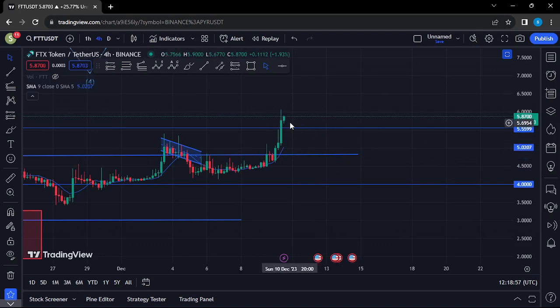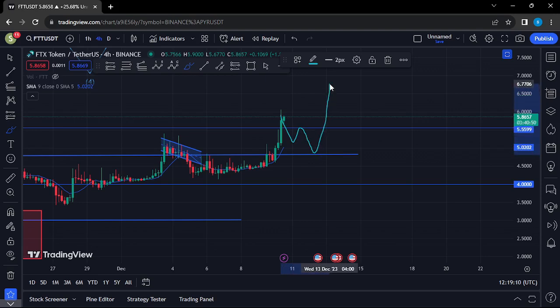If by any chance we lose this, then watch out for support at the $4.95 mark. As long as we hold above that, we can expect another bounce back to the upper side, breaking above resistances and significant highs, and possibly taking us above the $7 mark and the $10 in the next coming hours.